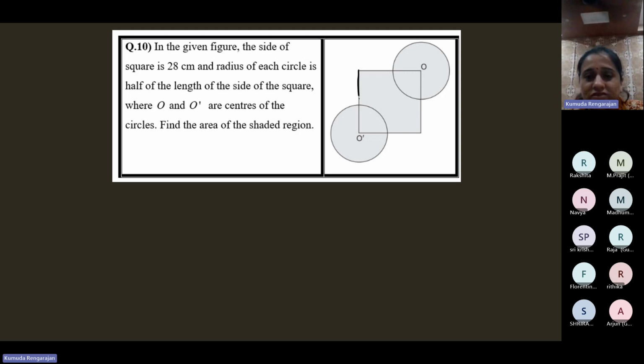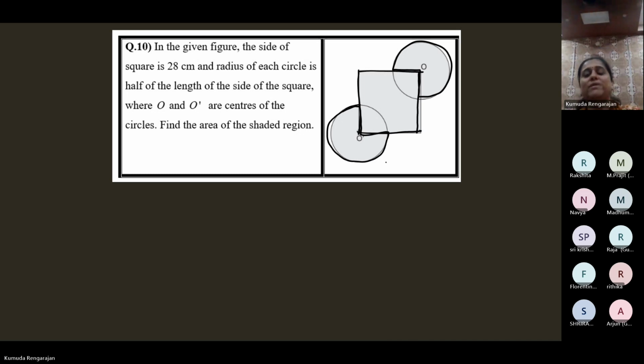So, area of the square plus the area of this sector, plus the area of this sector, plus the area of this sector, plus the area of this sector. Now we know this corner is 90 degrees.